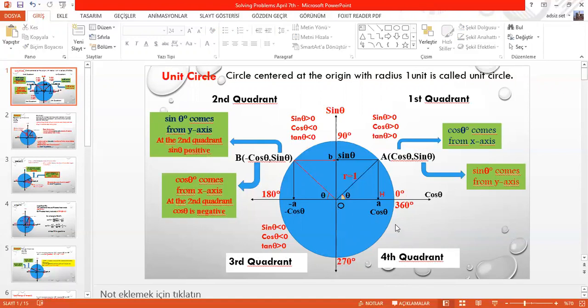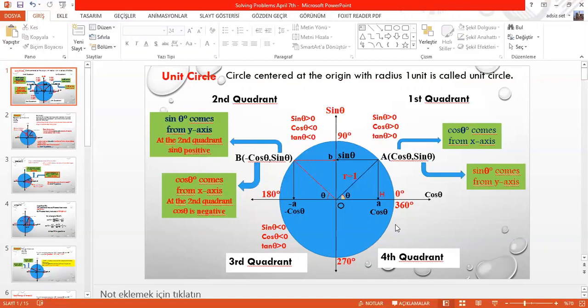For example, take a point from the fourth quadrant, let's say M(A, B), A the first component, B the second component, and we know that M is in the fourth quadrant. So A comes from the x-axis, so it is positive, and B comes from the y-axis, so it is negative.